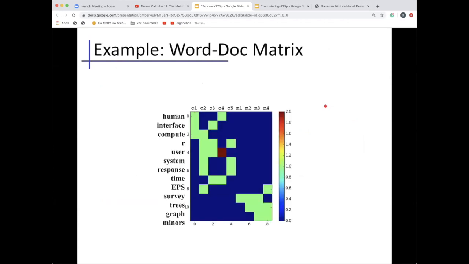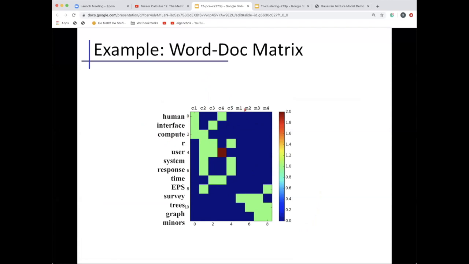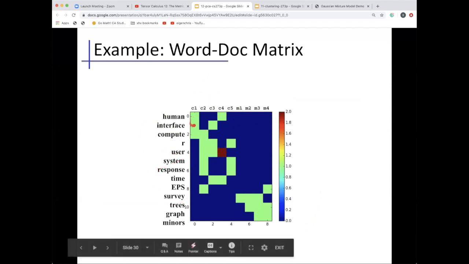So let's think about this. This is one example to illustrate that data matrix. In this case, one document is represented by a column here, but you can think about it in a vertical way. If you transpose this, that will be close to the data matrix we talked about. These are the words, and this is how many times these words appear in each one of the documents.